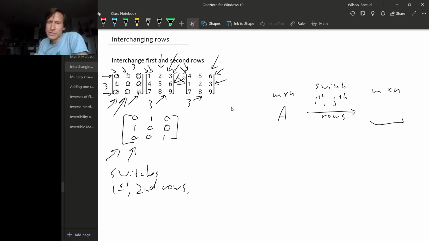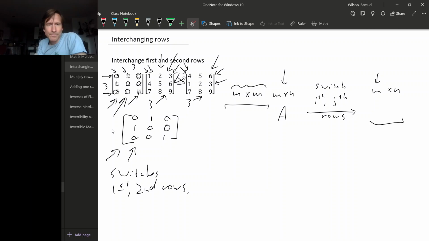So to do this row operation by multiplying by a matrix, for this product to be defined, we have to have m columns here, and to get m rows as a result, we need m here. So we're going to have a square matrix, right? The point of this is that permuting rows like this, switching rows, will be multiplication by a square matrix, no matter what size matrix you started with.